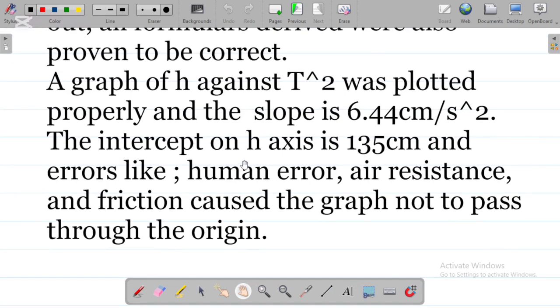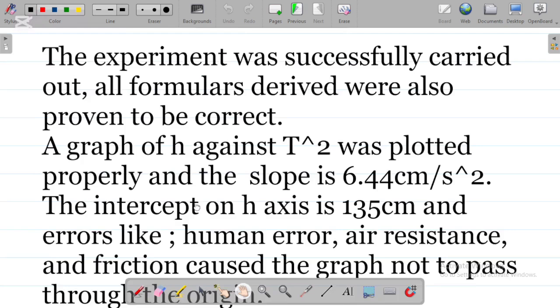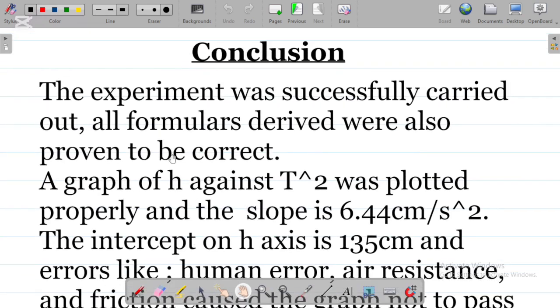The intercept on h-axis is 135 centimeter, and errors like human error, air resistance, and friction caused the graph not to pass through the origin. All right, take note of this. When writing your own conclusion, ensure that you state the slope, your h-intercept, and the errors that you found when carrying out the practical.